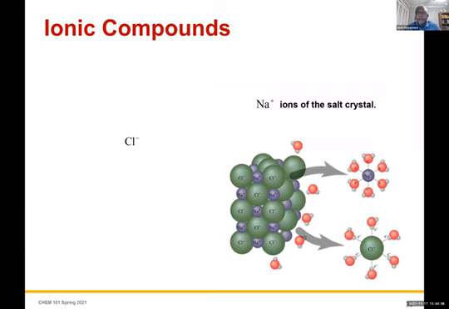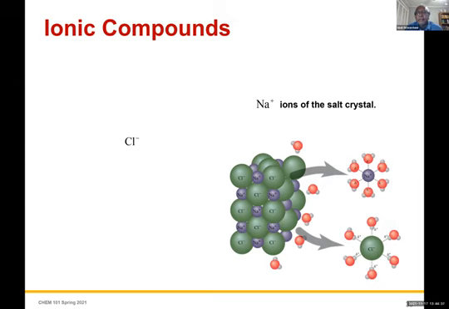Now we're going to talk about ionic compounds and their solubilities. Ionic compounds go into water solution because water is polar. The oxygen on the water molecule has a negative pole, and the hydrogen has positive poles.